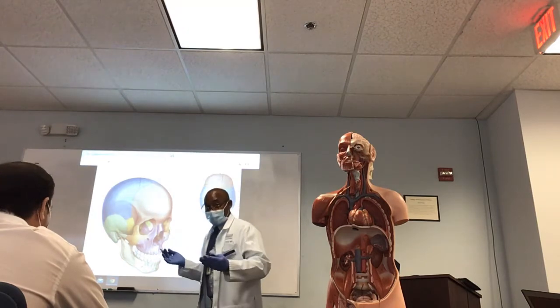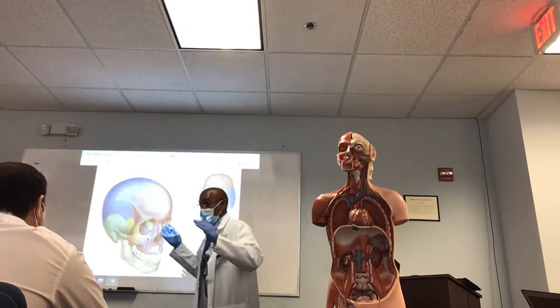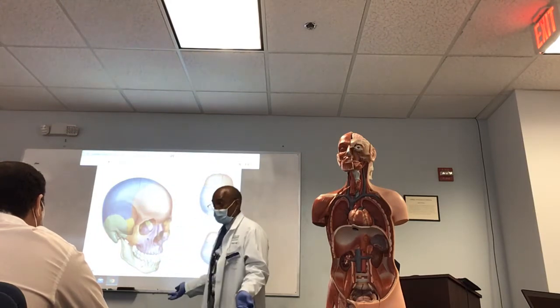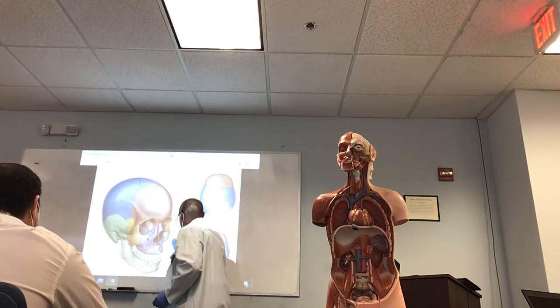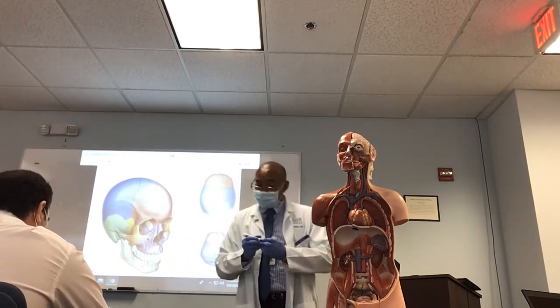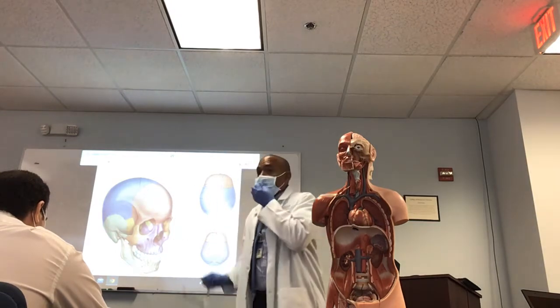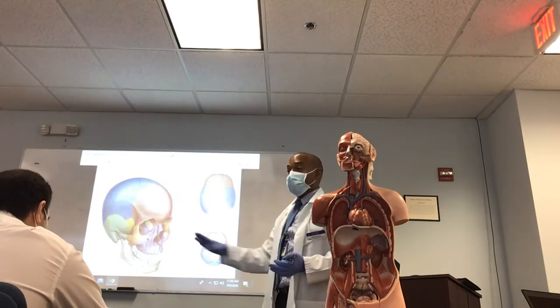But if this plane is not at 90 degrees, any other degree out of 90, what is this plane? Oblique. You got it now? Now you get the definition. What is the axis, the longitudinal axis of the body?